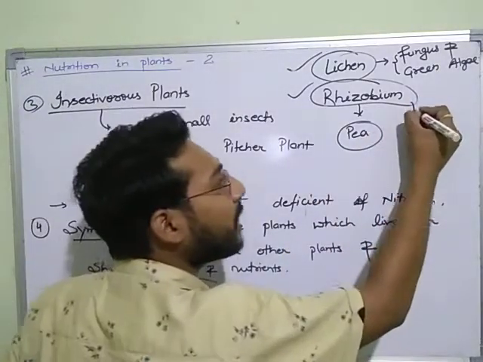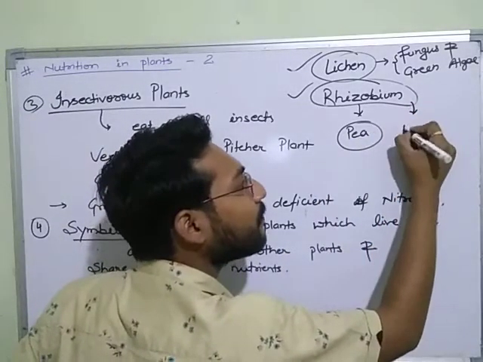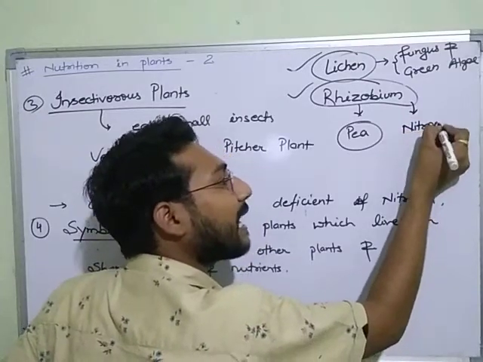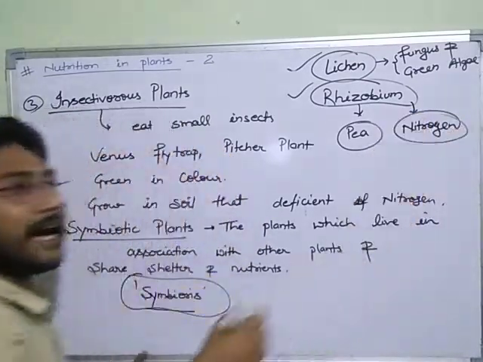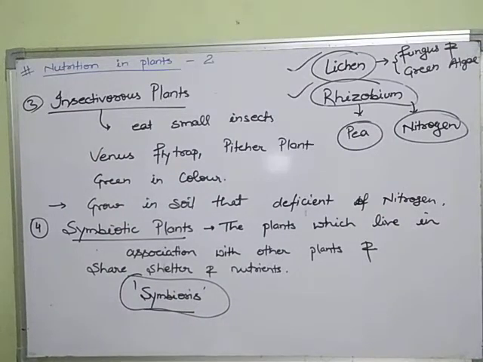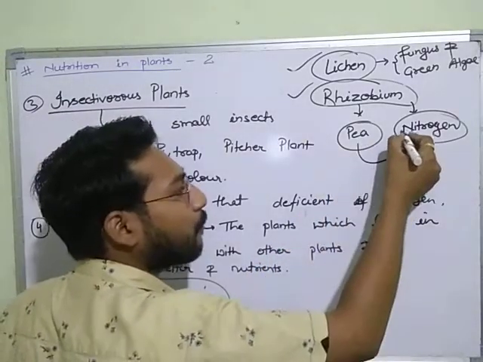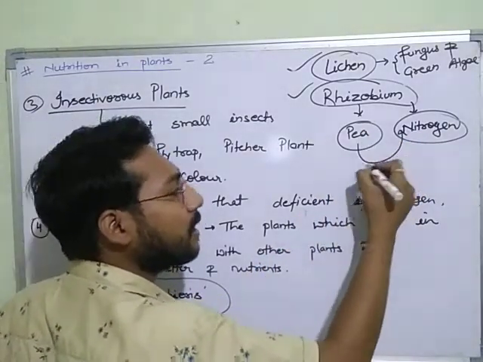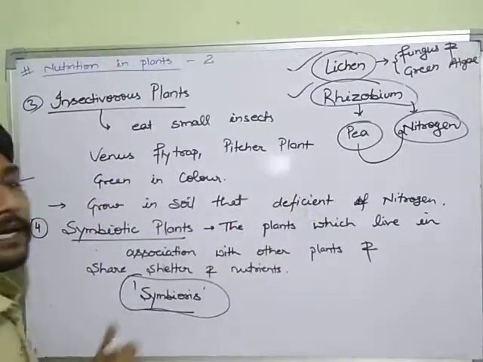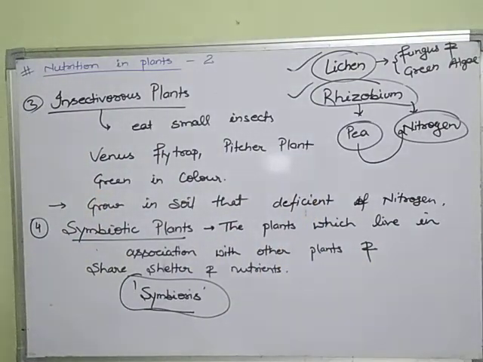So what is the main purpose of rhizobium? It converts atmospheric nitrogen into a usable form for the plants, and the pea plant provides nutrients to the rhizobium. So this is called mutual benefit, and this type of relationship is called symbiosis. This type of plants is known as symbiotic plants.